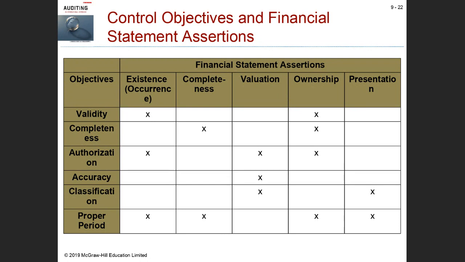And that's why we've talked before, audits consist of a mix of procedures, a certain amount of testing of internal control to gather audit evidence where the X's exist in the boxes here, and then substantive procedures as well to gain evidence about where the X's are in the boxes, but also to gain evidence about where there are no X's, right? Because the auditors still have to fill in all the boxes and get evidence in all these areas. So they do part of it through testing of internal control and part of it through substantive procedures.